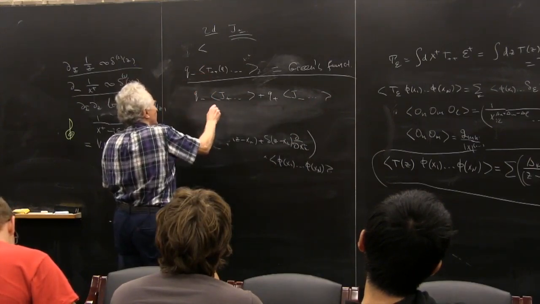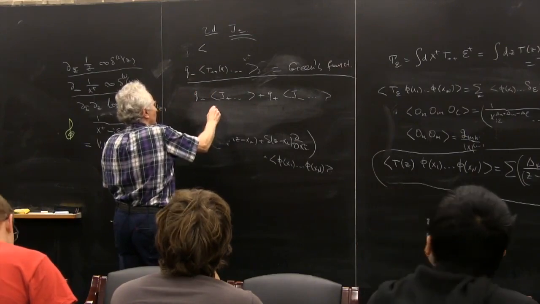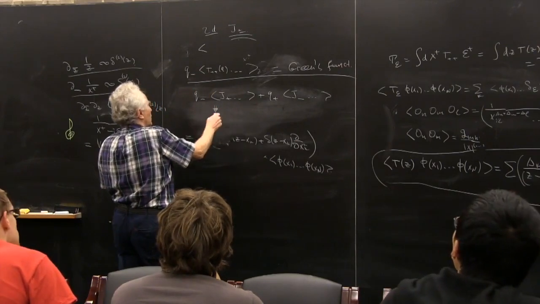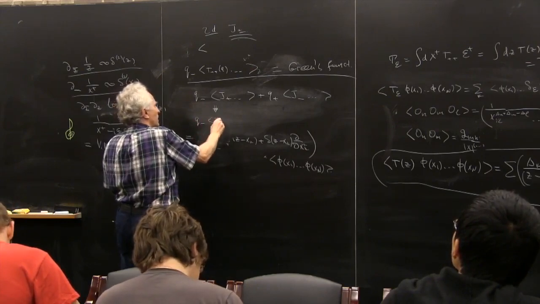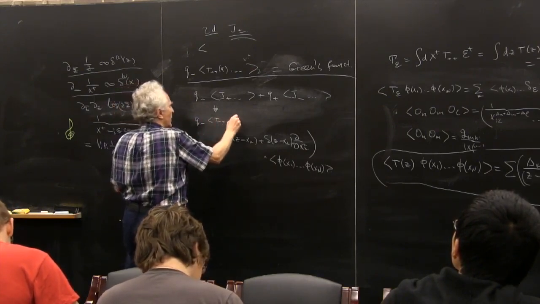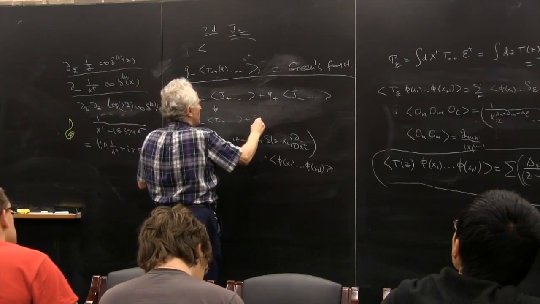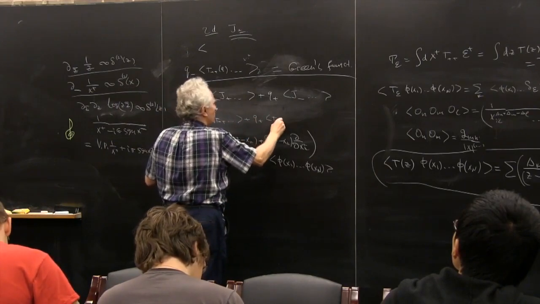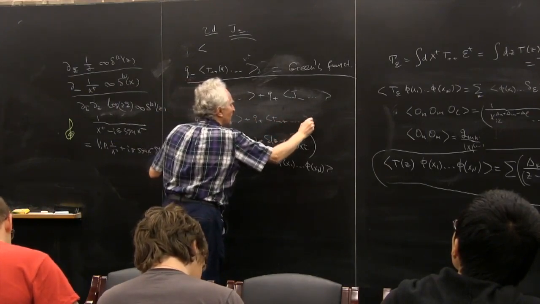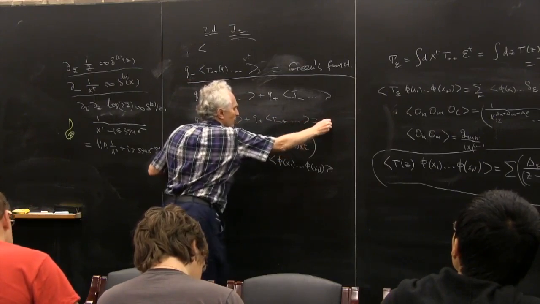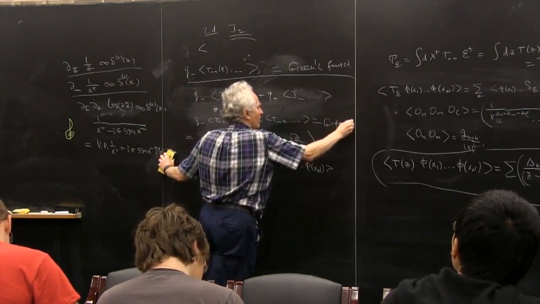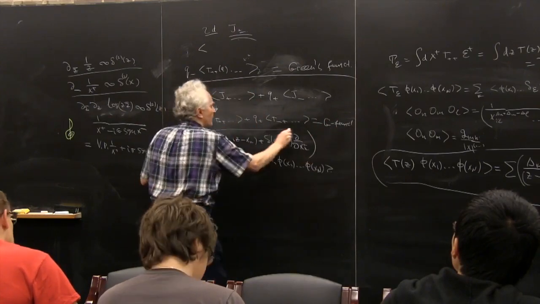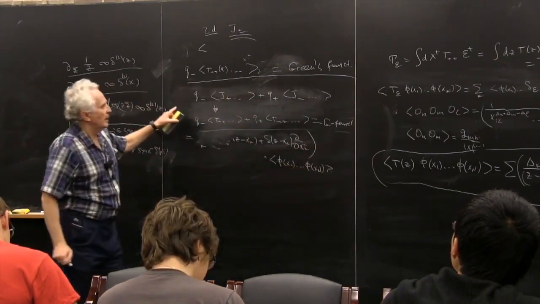If I translate it into gravity, I will get Q minus T plus plus stuff plus Q plus T minus plus stuff is equal to G functions. Okay.